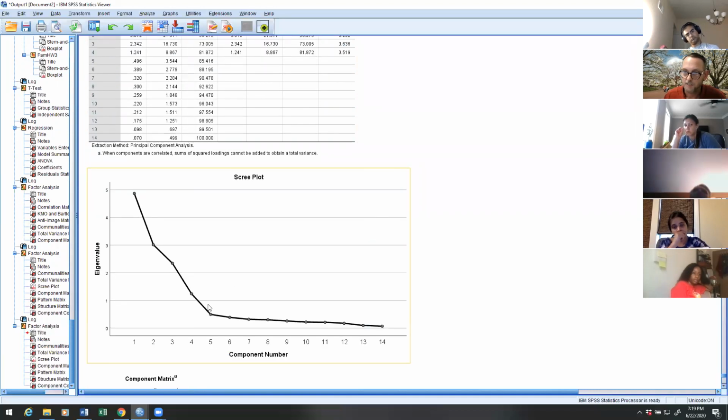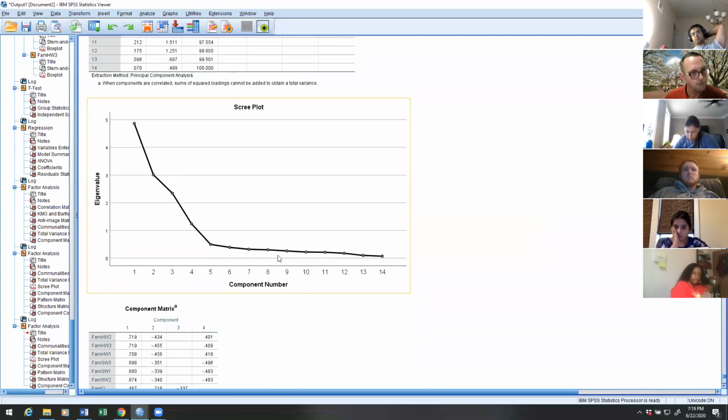So we got this big break here, and then it flattens out. So you're looking for where it flattens out. This is actually the scree. If you look at a mountain and there's rubble at the bottom of the mountain, that rubble is called scree. It's a scree plot. So this is like the rubble at the bottom of a mountain we're looking at.